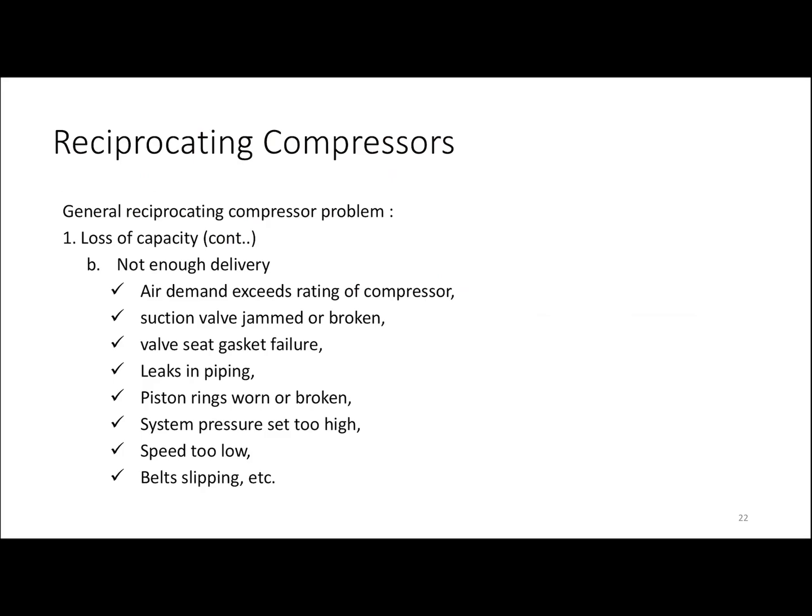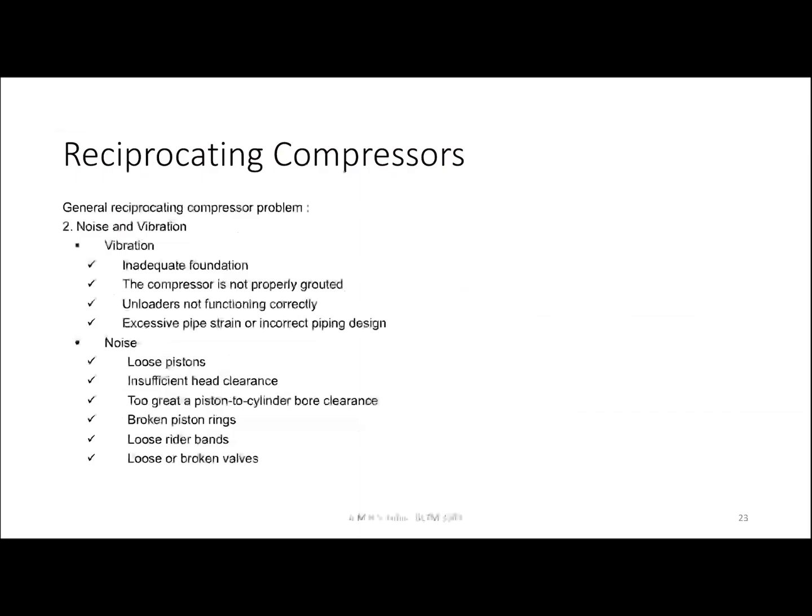It can also be because system pressure is set too high in the PRV, or speed is too low, and also belt slipping and so on. So that's the typical problem if a piston compressor loses capacity.